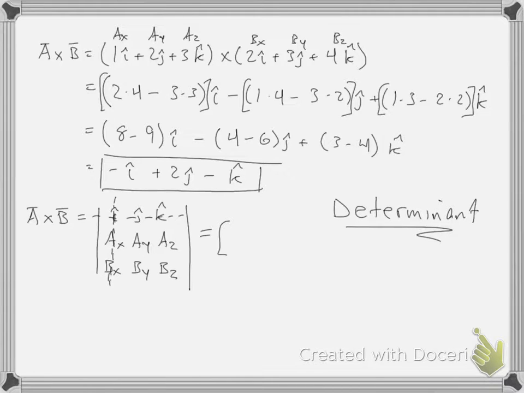So actually, let me just do that. And now we have this grid here, this AY, AZ, BY, BZ, this 2 by 2. And so now how we evaluate this is we take upper left to lower right, we multiply, and then subtract lower left times upper right.